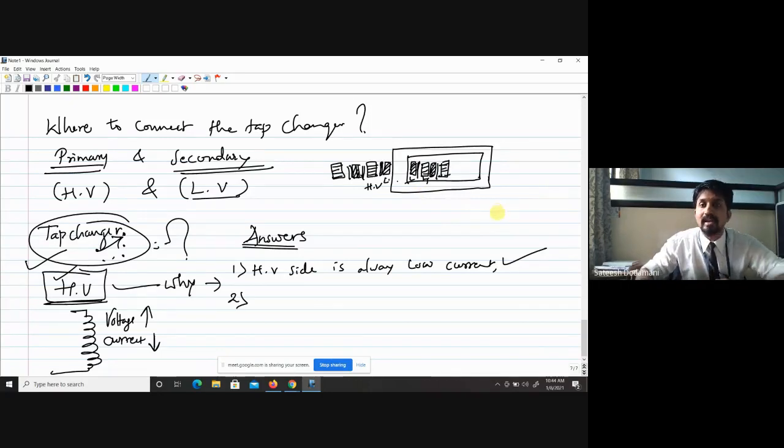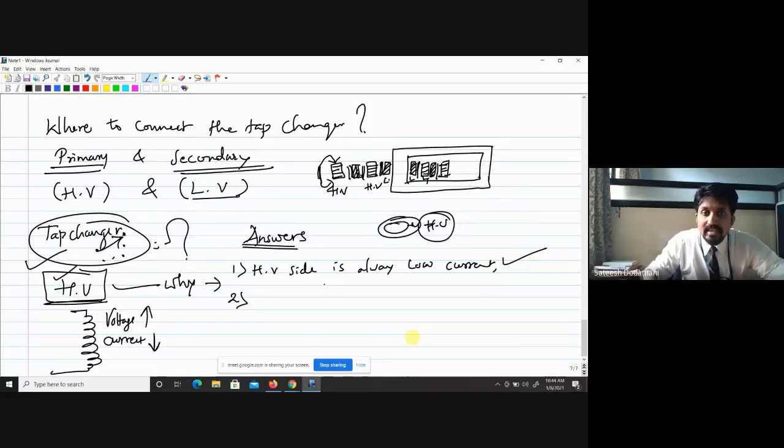So what is happening here? At the top of the winding, which layer will be available? High voltage winding will be available at the top of this transformer winding. Inside, low voltage winding will be placed. So in this way, inside low voltage winding will be there, and on the top of that high voltage winding will be available.